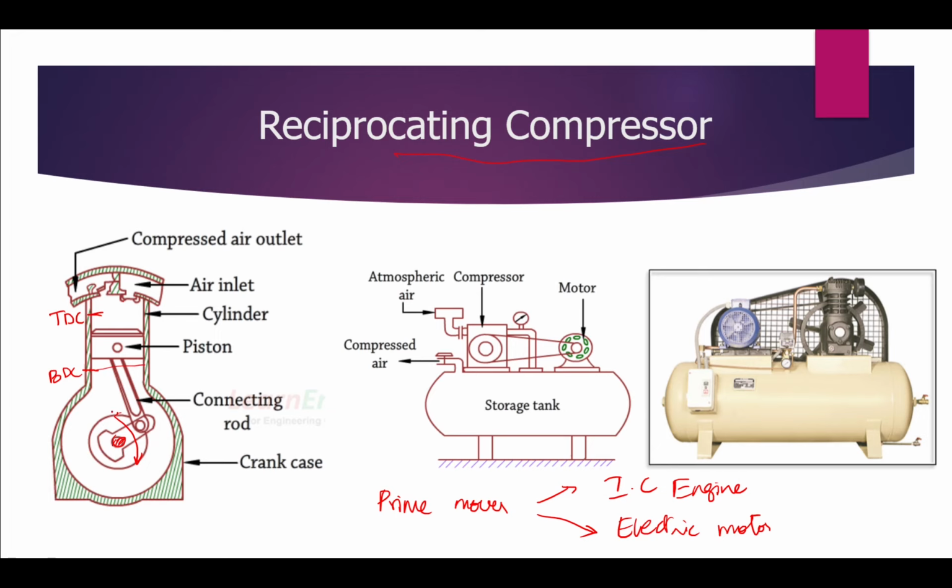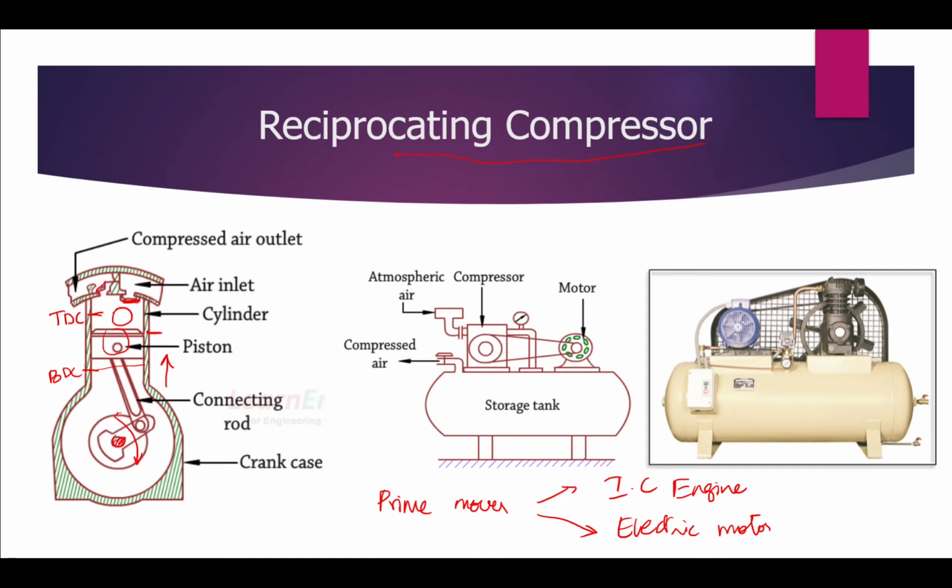After that, again piston moves from bottom dead center to top dead center. Then due to pressure, this valve will get closed, and after reaching a certain point, the pressure inside the cylinder is enough to lift this valve.